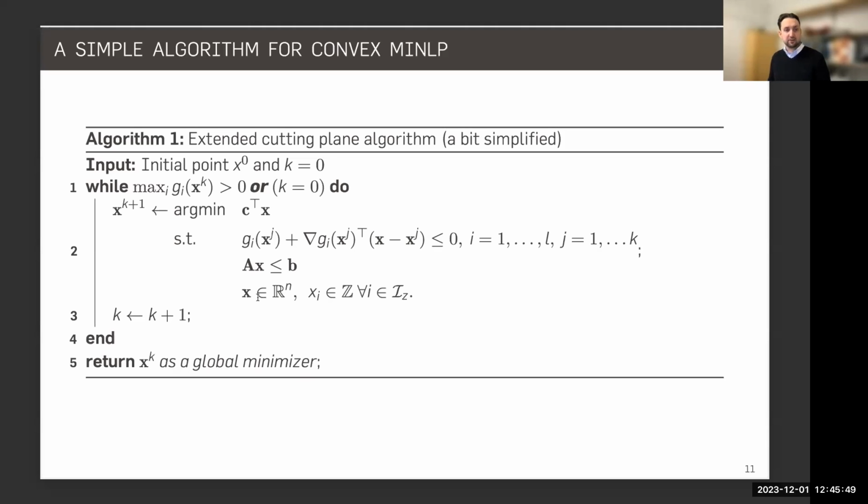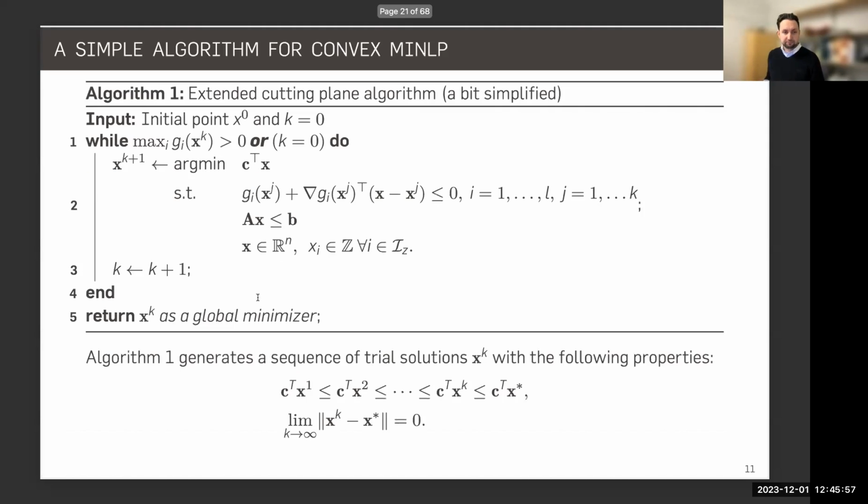If it satisfies all of the nonlinear constraints, then you're actually done. Then you have obtained the global minimizer of the problem, or a global minimizer of the problem. So it's a very simple algorithm. It generates a sequence of trial solutions with improving lower bounds on the optimal objective value of the MILP, and it converges towards the optimal solution.